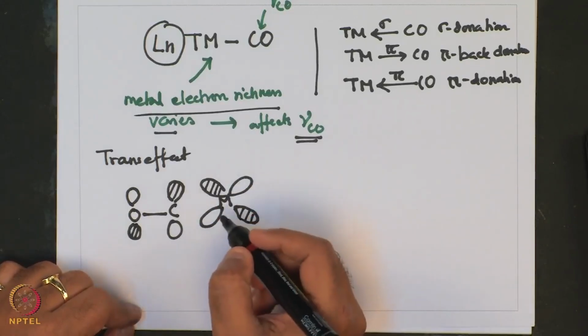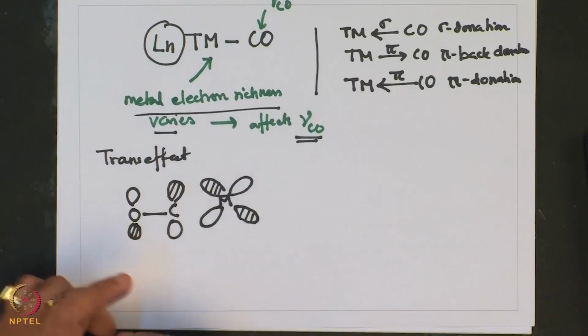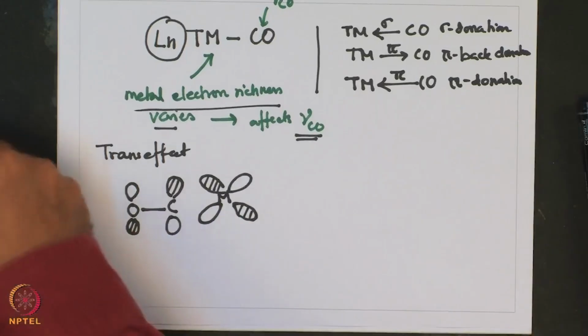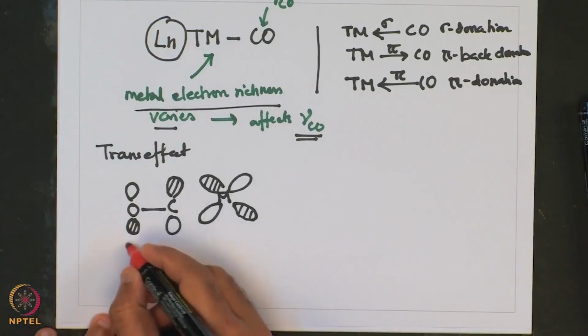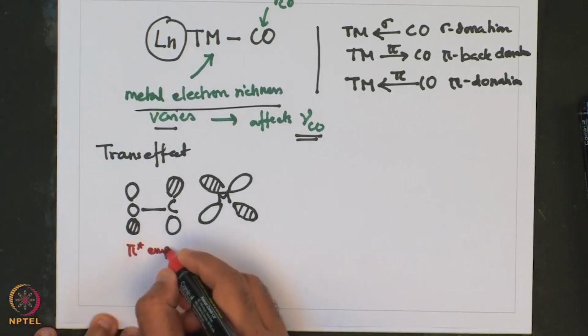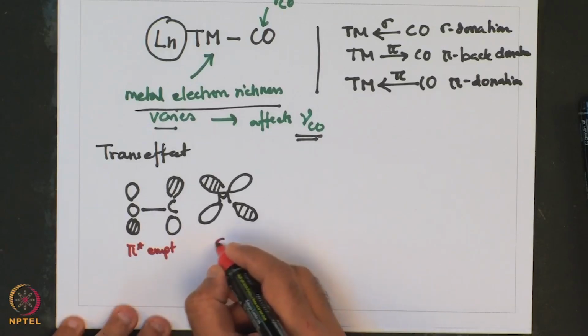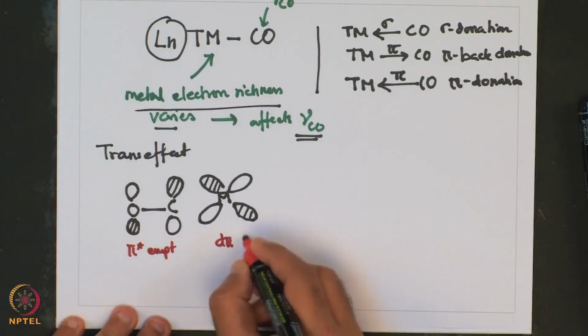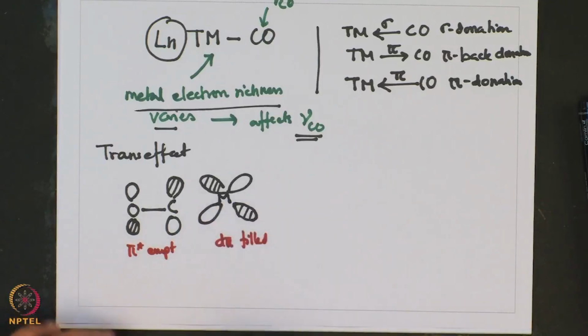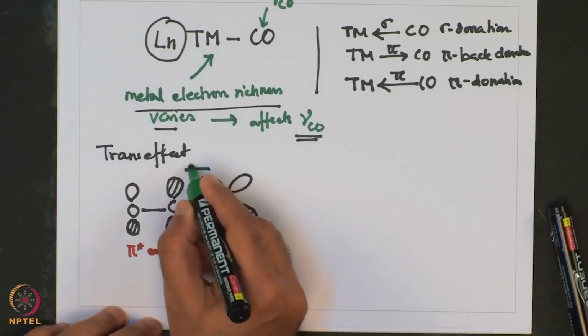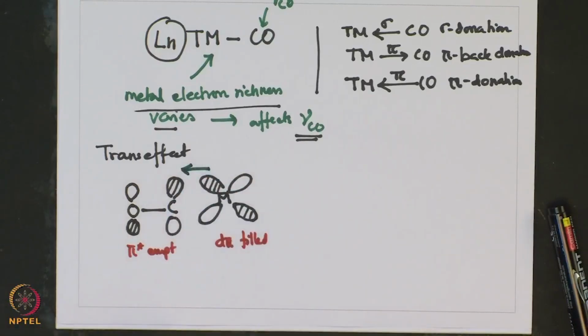Now, usually the pi star orbital is empty, and this is the filled d pi orbital, and the electron donation happens from the metal to the ligand.